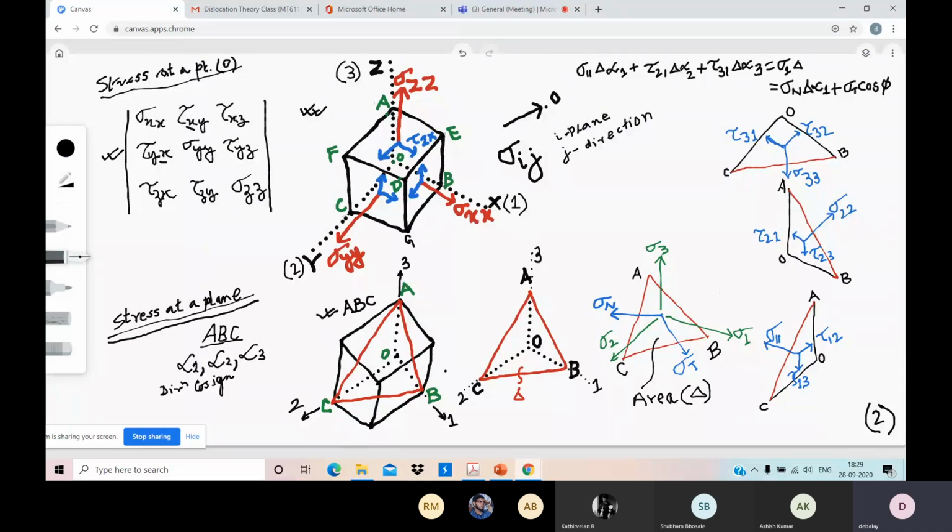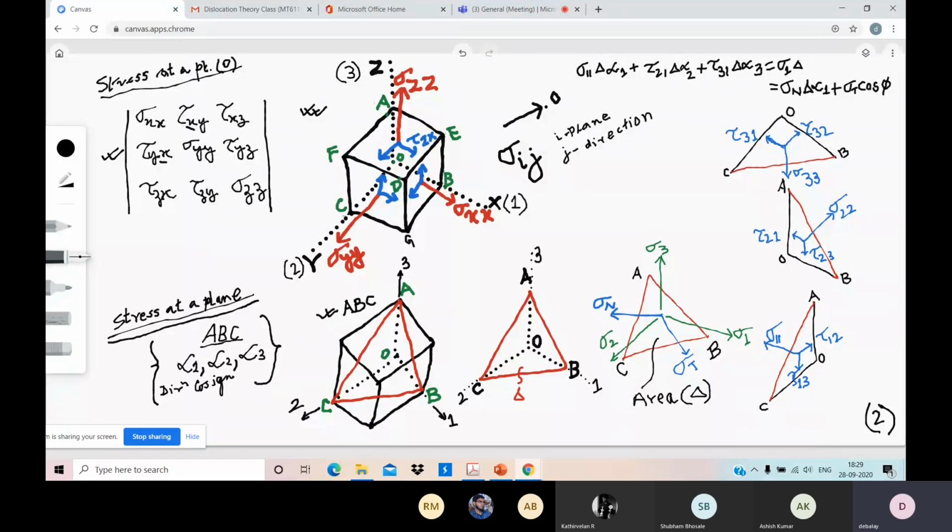To define a particular plane, the first thing that you need to know is the direction cosine for that plane. So here we are writing alpha 1, alpha 2, alpha 3 as the direction cosines for the ABC plane.